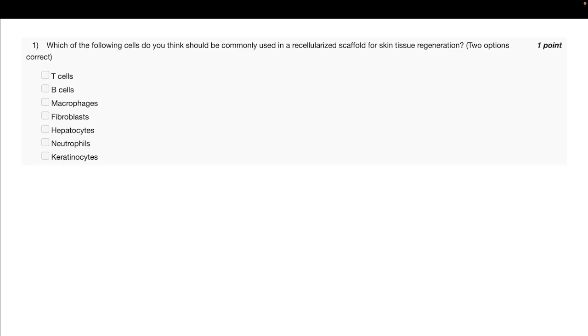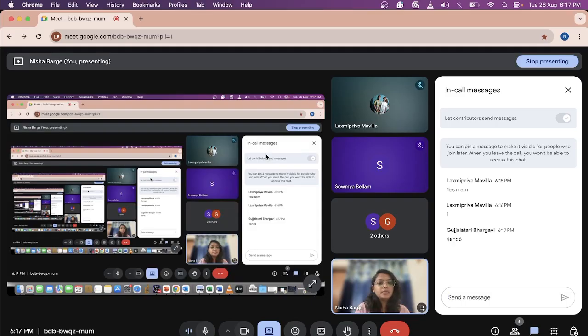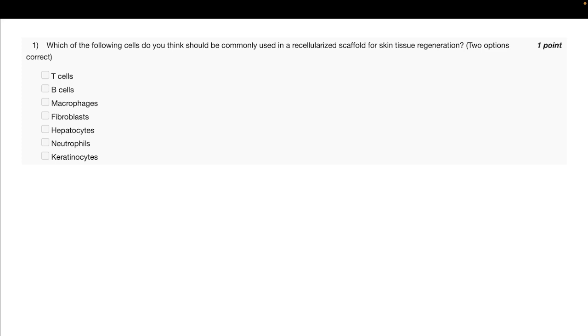Is there any other response? Okay, somebody is saying 4 and 6, that is fibroblasts and neutrophils. Okay, thank you for answering. Anyone else wants to give it a try?